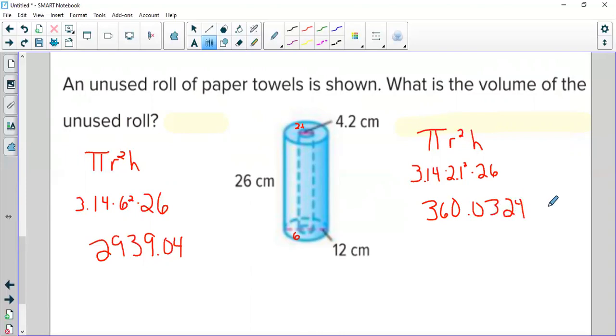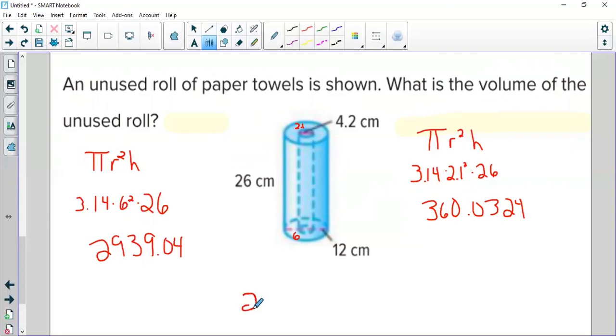And then I'll subtract 2939.04, subtracting because this is missing. So it's this minus the amount that's missing. 2939.04 minus 360.0324. Now I've got to do a little bit of rounding.